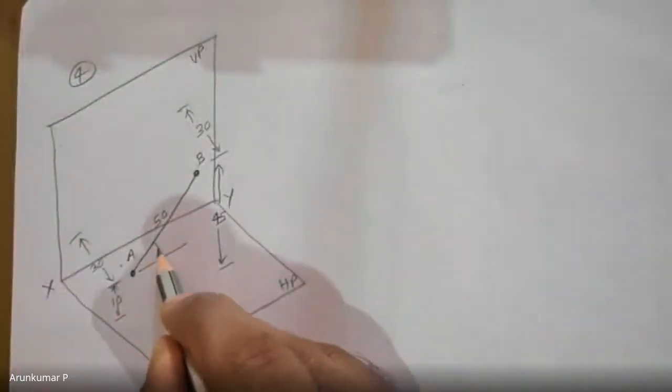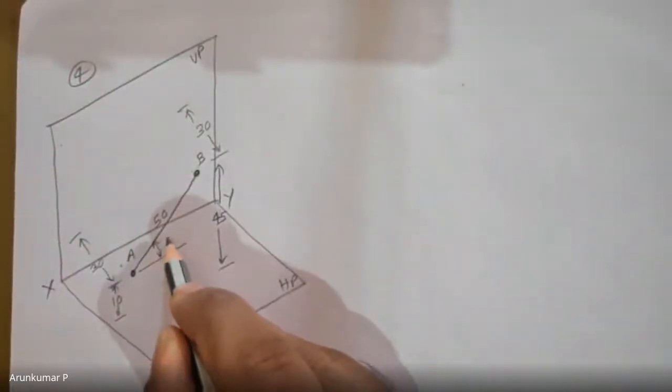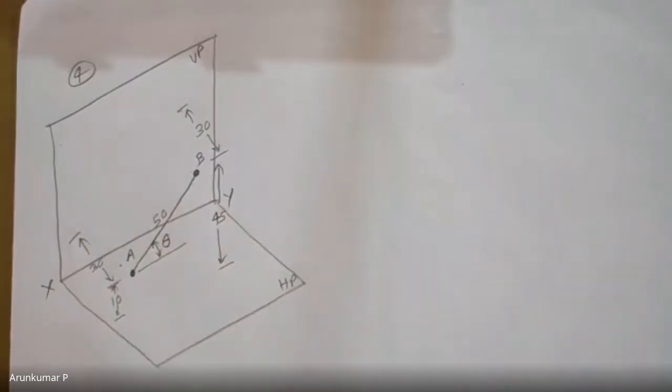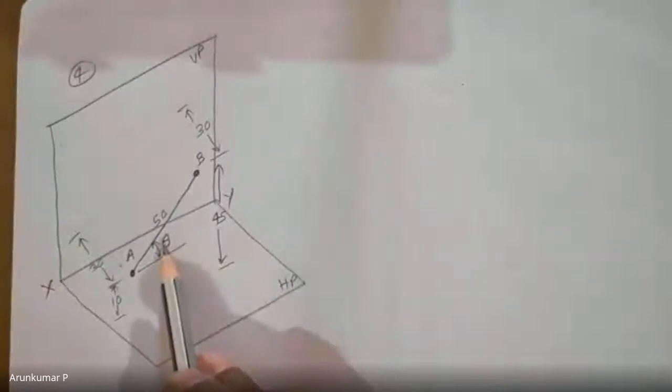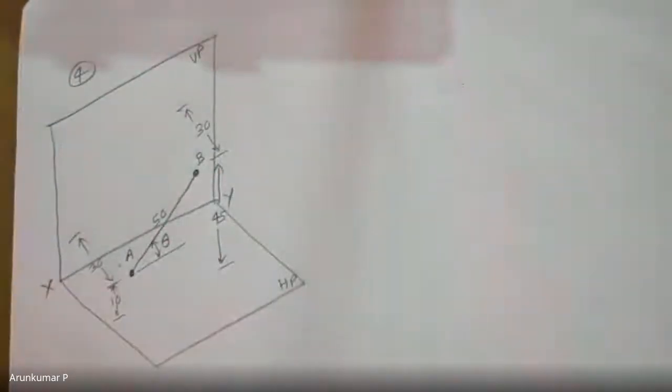is at an angle to the horizontal plane. That angle you can call it as a theta angle. That angle may be anything, 30 degree, 40 degree, whatever you can take. So that means this line AB is not parallel to HP. Is it parallel to VP?